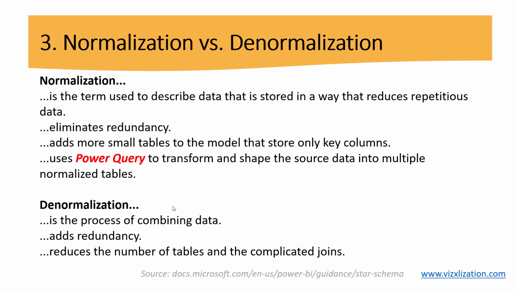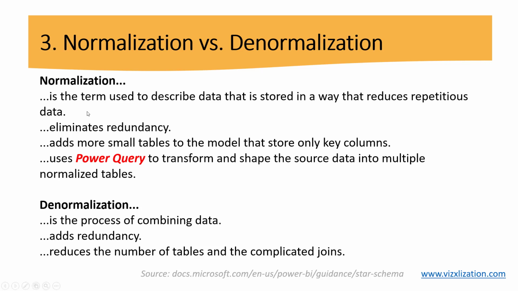Normalization and denormalization. These are 2 different types of methods that we're going to use to create dimension tables and also fact tables. So normalization, we use this to create dimension tables.